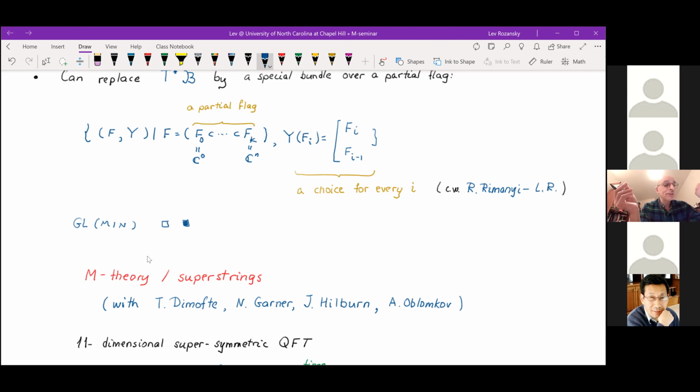And so when you decide whether your matrix Y keeps the subspace or drops it, it's the difference between assigning a white box or a black box to the strand in the braid.